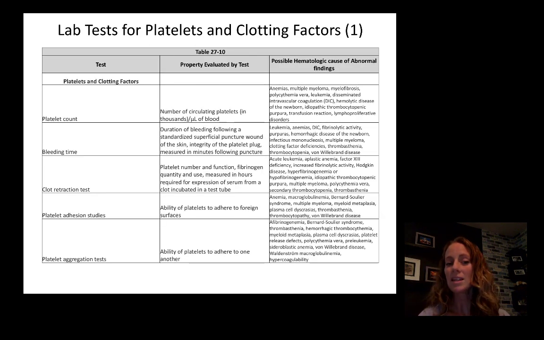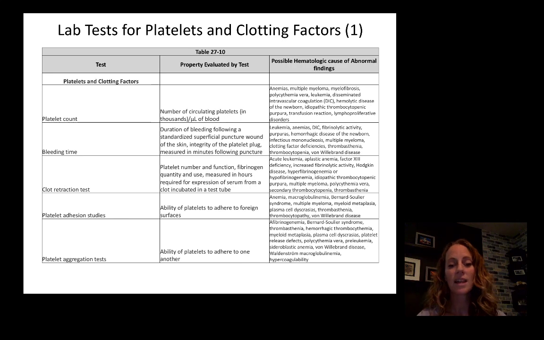Much of this can begin to be sleuthed out by looking at the different lab tests for platelets and clotting factors. So there are certain tests that look at the platelet count and also the timing for the coagulation cascade to progress.